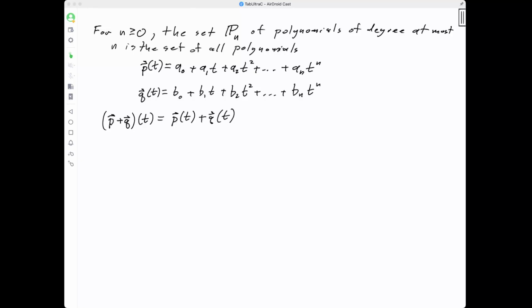And scalar multiplication can be defined this way: c times p evaluated at t is equal to c times p evaluated at t.